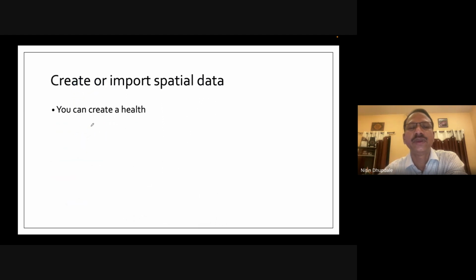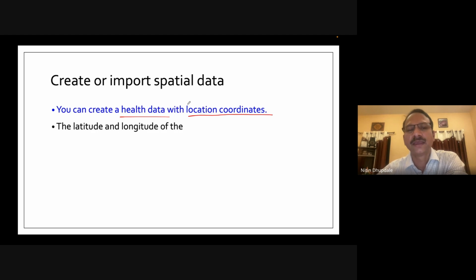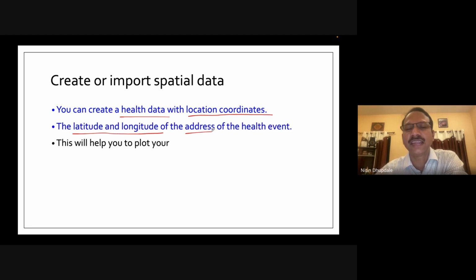We can collect the health data, and when this health data is coupled with the location coordinates, it becomes spatial or geographic data. So we collect the latitude and longitude of the location. We can have the address of the health event, and when it is attached to the data, it becomes spatial data.